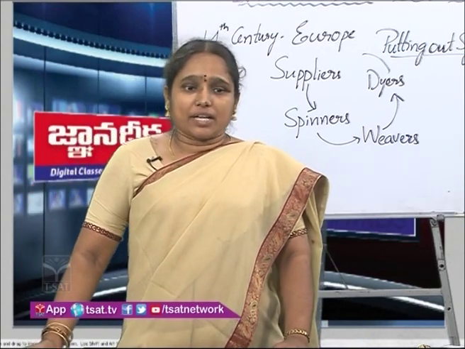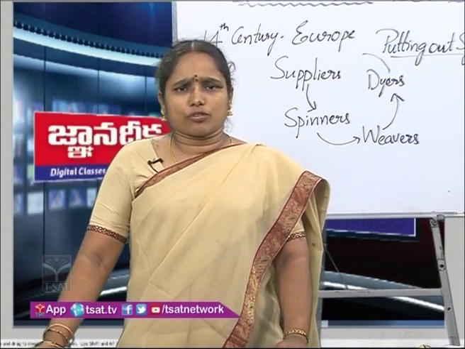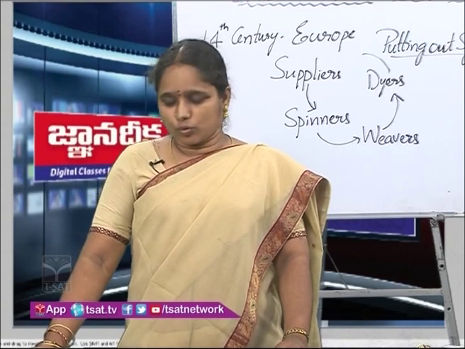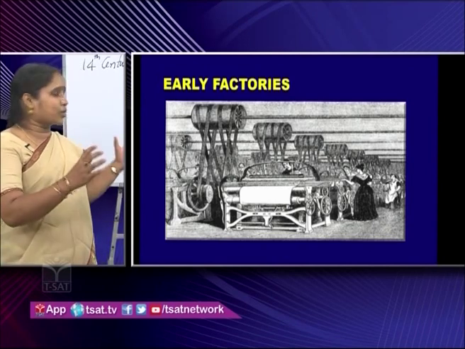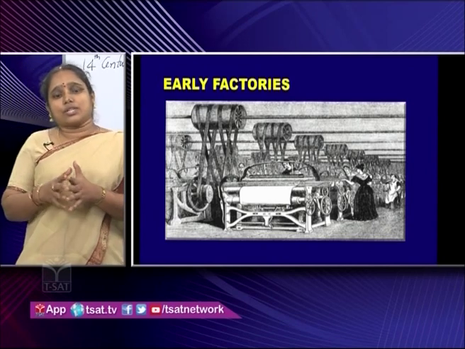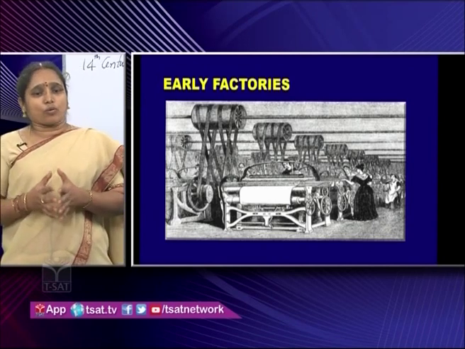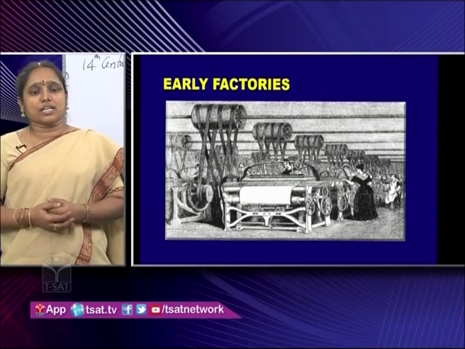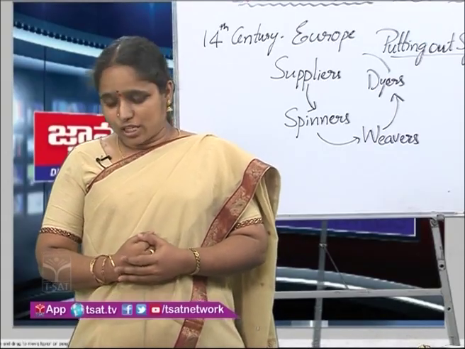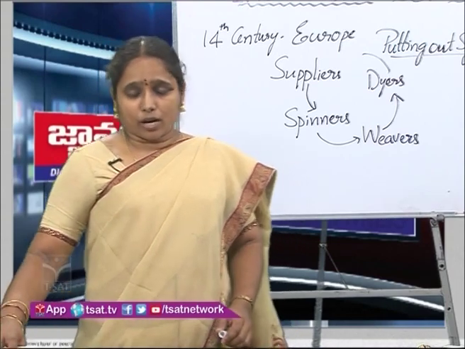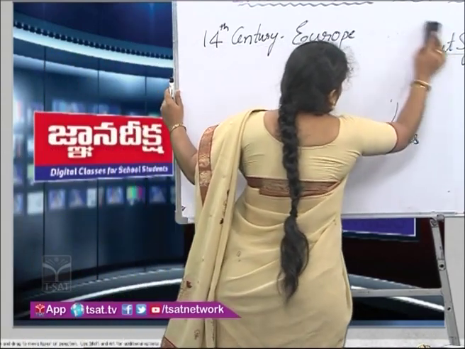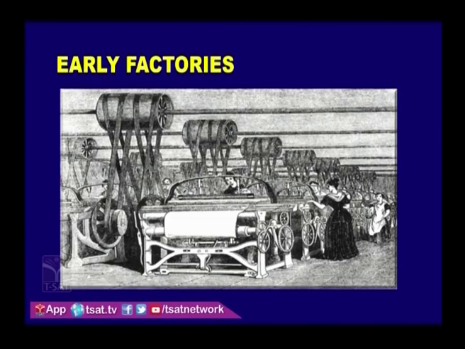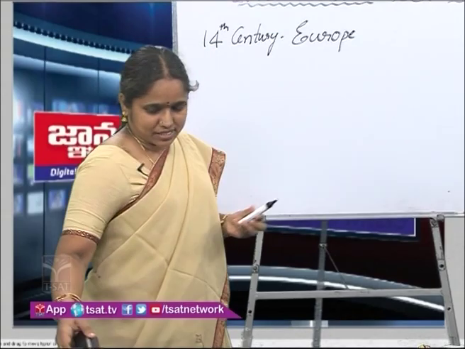But gradually traders thought it takes a lot of energy and a lot of time to move to different places like this, and they thought of bringing them all together under one roof so that they can discuss their requirements and make the production more efficient. So once they all started coming together, those early factories were called manufactories.